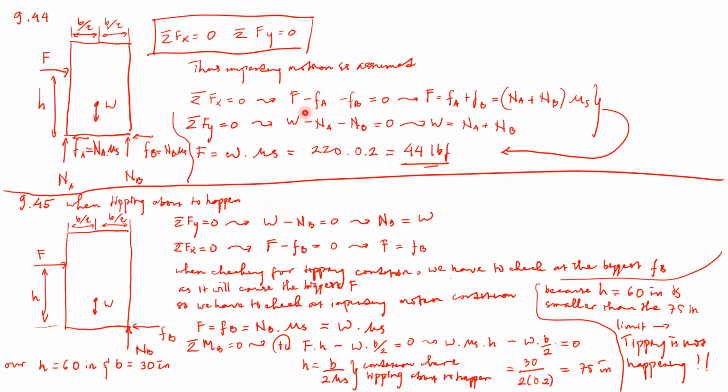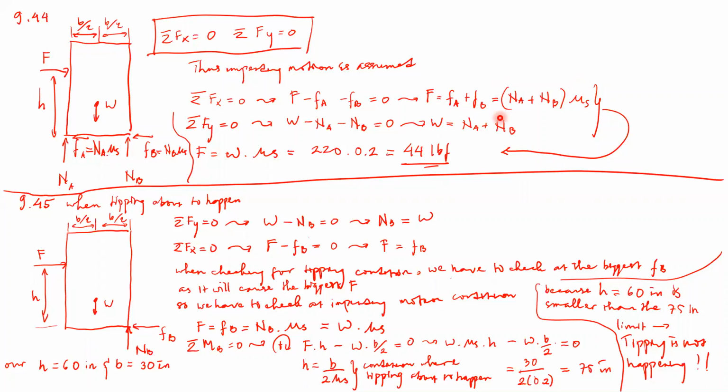Then we remember that Fa is equal to Na multiplied by mu s, and Fb is equal to Nb multiplied by mu s. So we can replace Fa plus Fb with Na plus Nb multiplied by mu s. That's the end of the first equation.